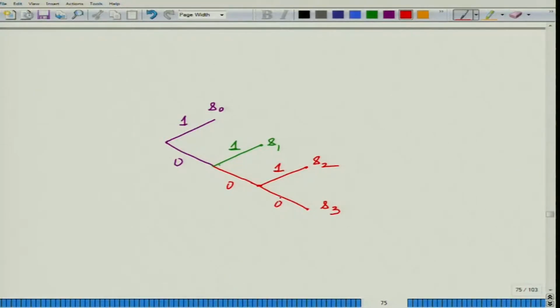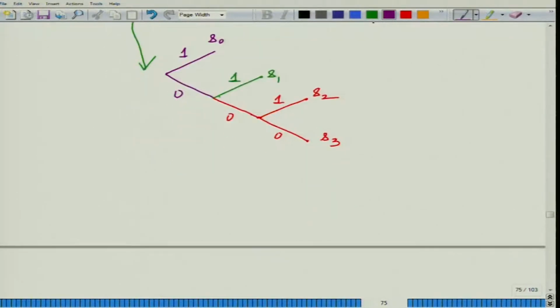S3 is 0 0 0, and now you can see that no symbol lies, or no code word for any symbol. So, this is the binary tree. All code words end on leaf nodes.